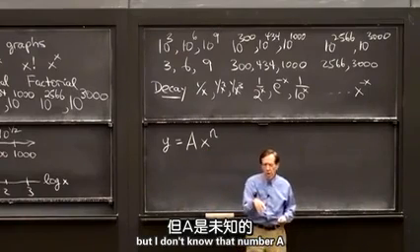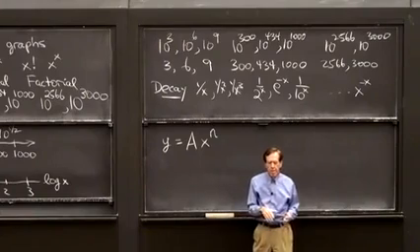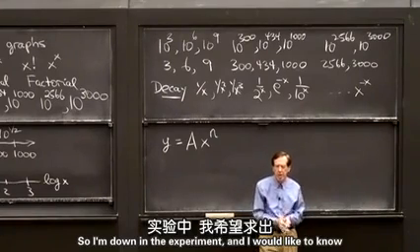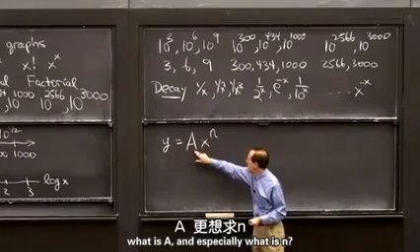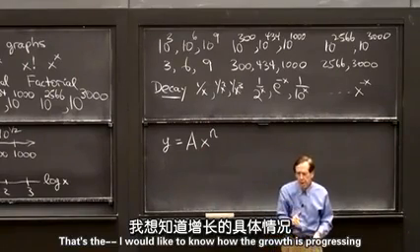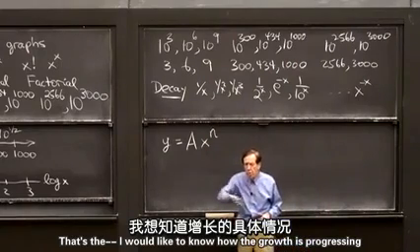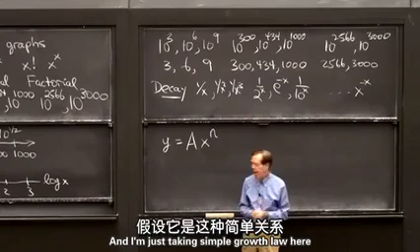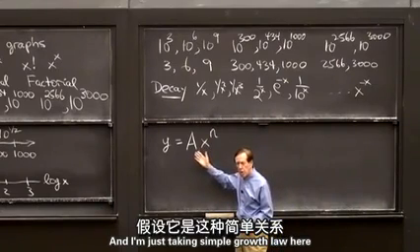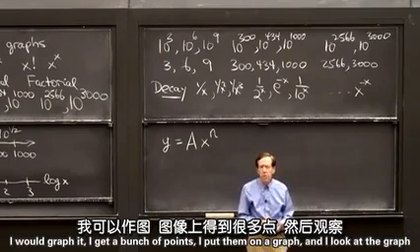But I don't know that number a, so I've done an experiment, and I would like to know what is a and especially what is n. I would like to know how the growth is progressing. And I'm just taking a simple growth law here.